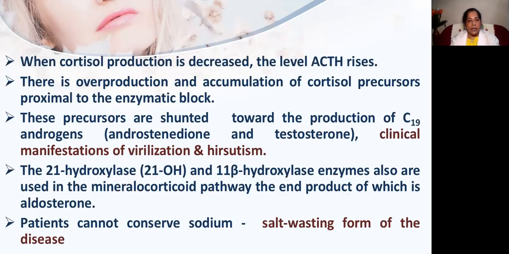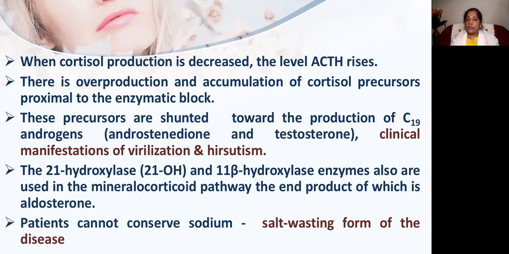When cortisol production is decreased, levels of ACTH rise. Overproduction and accumulation of cortisol precursors result from the proximal enzyme block. These precursors are then shunted towards the production of C19 androgens, androstenedione, and testosterone.